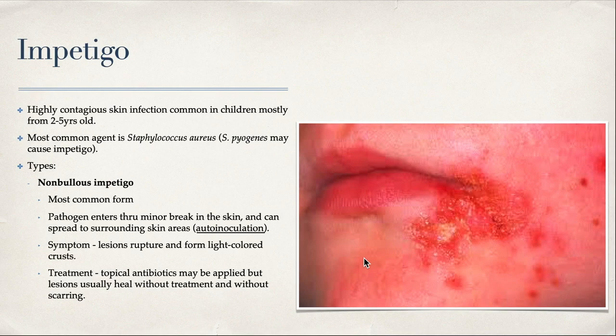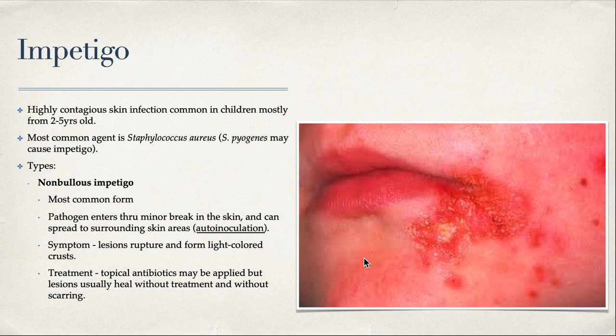Then you have impetigo. Impetigo is generally caused by Staph aureus. It may also be caused by Strep pyogenes. It's a highly contagious skin infection, mostly found in children between 2 and 5 years old, and so you typically find it in children who attend kindergarten.